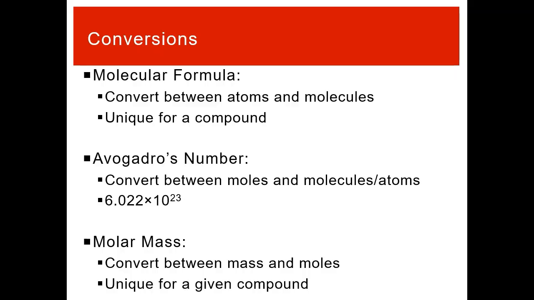Finally, molar mass lets us convert between how we are describing an amount of a sample, either in mass or in moles. Molecular formula, unique for a compound, but always given to you. Avogadro's number, always the exact same number. Just need to look it up. Molar mass is unique for a given compound and may need to be computed using the periodic table.